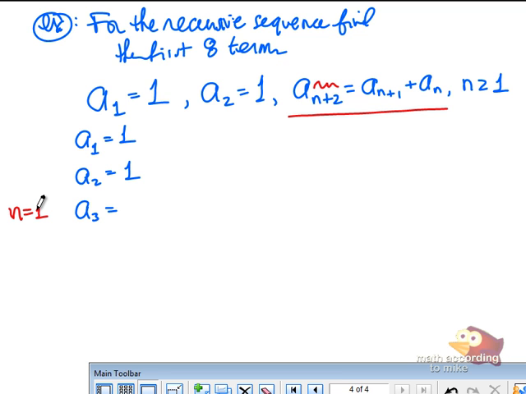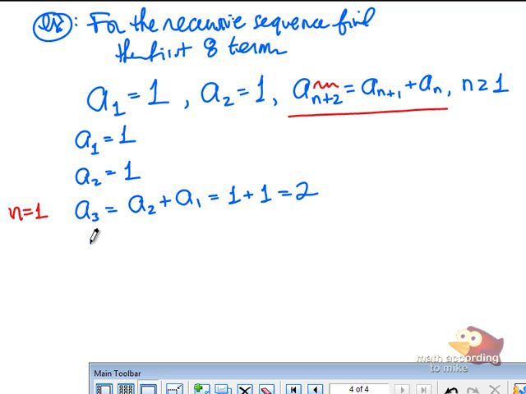So all the n's become 1s. So A sub 3 would equal A sub 2 plus A sub 1. What is A sub 2? What is A sub 1? So A sub 3 equals 2.